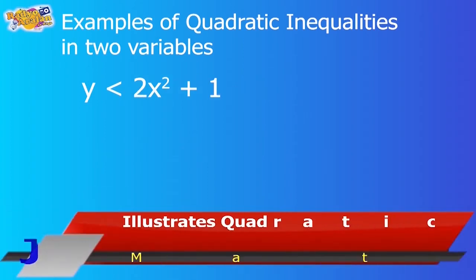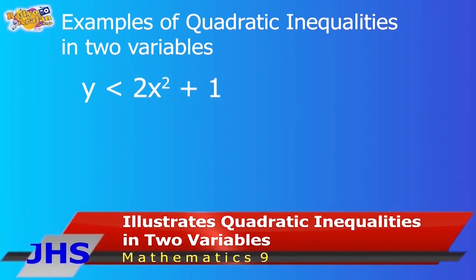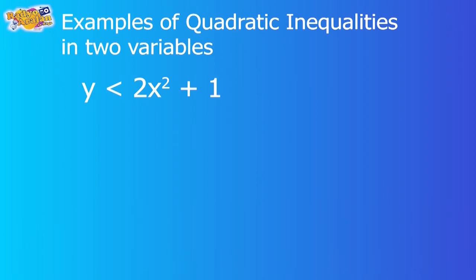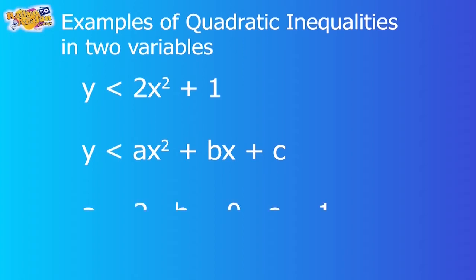Another, y is less than 2x squared plus 1, is in the form y is less than ax squared plus bx plus c, where a is equal to 2, b is equal to 0, and c is equal to 1.